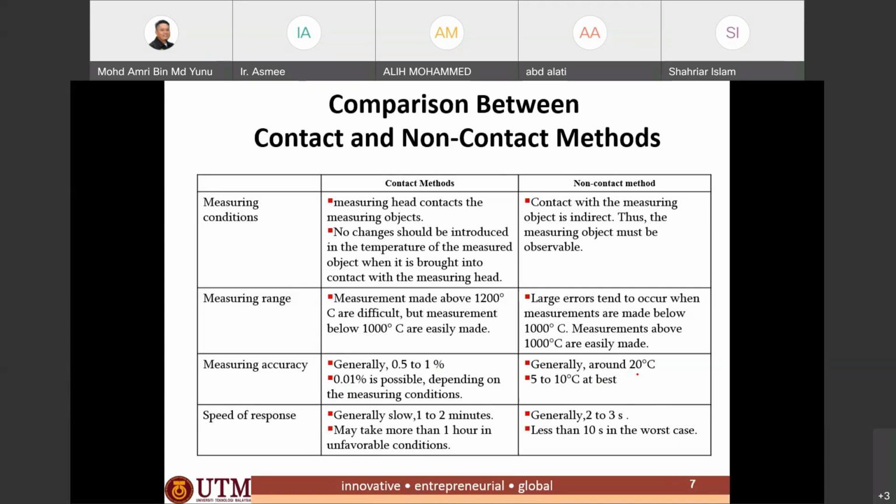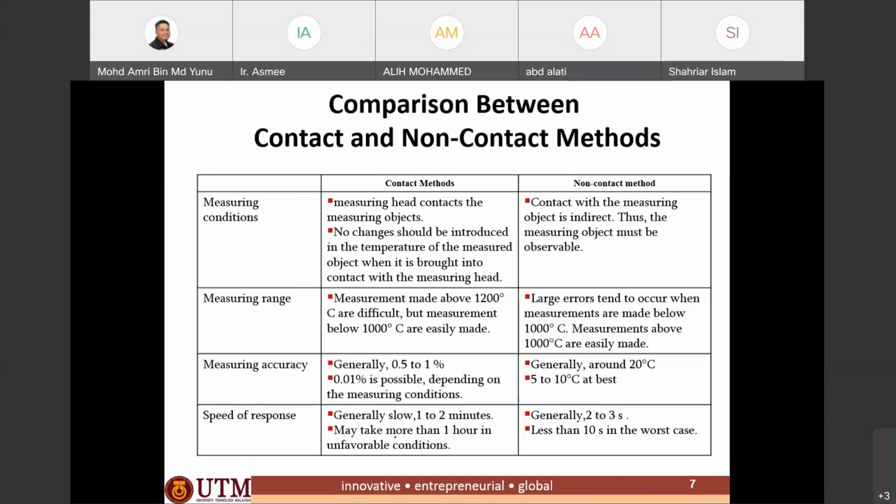As well for response time. For contact method, it is slow. It may take 1 or 2 minutes because for contact method, we need time for the thermal energy to properly transfer to the sensing element.